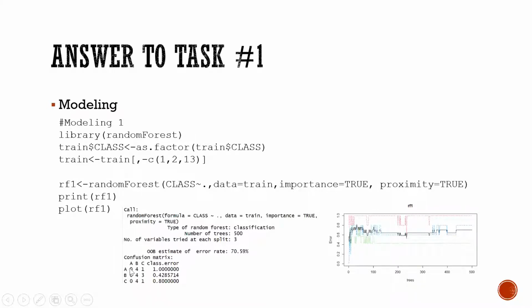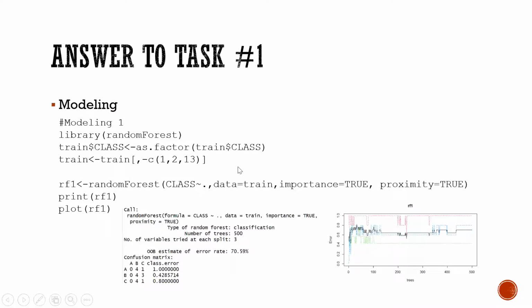For example, in this case, out of 5 that belong to class A, 4 were predicted as class B, and 1 was predicted as class C. For class B, there are 7 observations, and 4 were predicted as class B. This is a correct classification, but 3 were misclassified. So we have a very high misclassification rate.